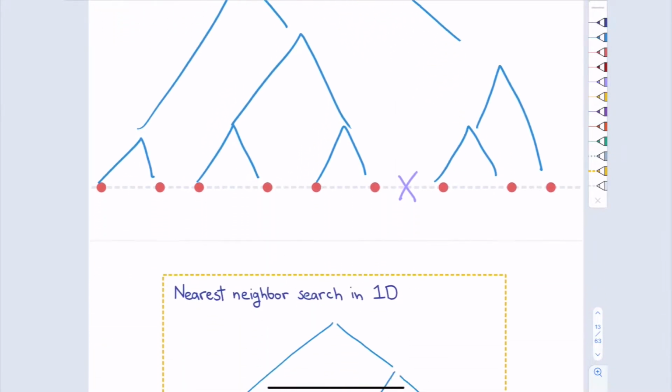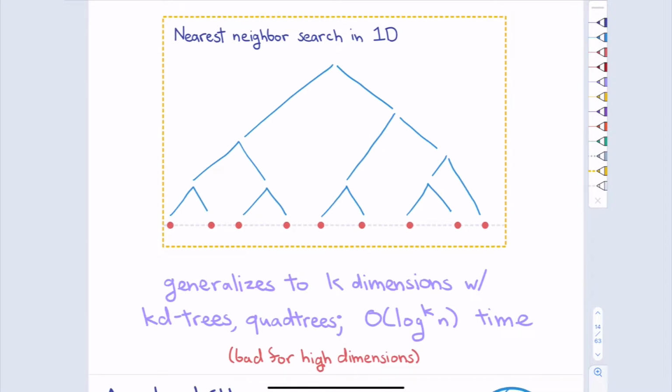If you want to do this in higher dimensions, there are analogous data structures like KD trees and quad trees and stuff like that. But you're basically going to pay some exponential dependence on the dimension. This can sometimes be improved a little bit, but that's beside the point.